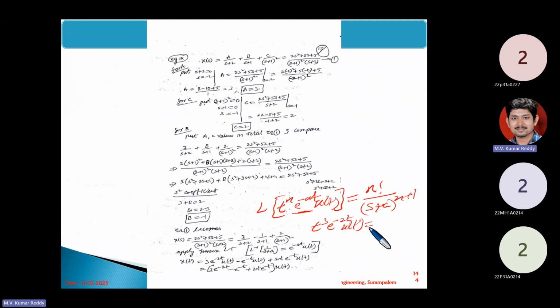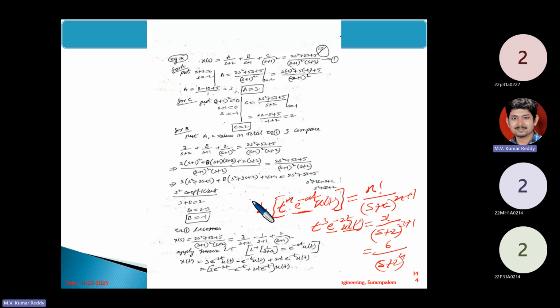Now e power minus 2t gives s plus 2, and u of t gives 1. For t cube, you have to write 3 factorial, whole power 3 plus 1. Now 3 factorial means 3 into 2, 6. So 6 by s plus 2 whole power 4.